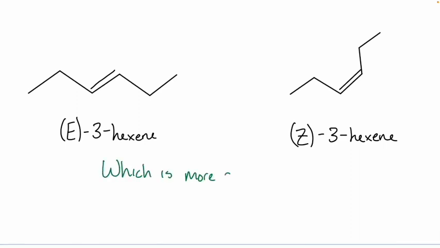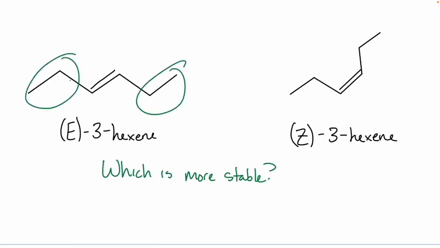Which of these do we think is the more stable stereoisomer? Which one is the more stable structure: when those two ethyl groups are located on opposite sides, or when you put those two groups on the same side next to each other? Who thinks it would be the E that's more stable?